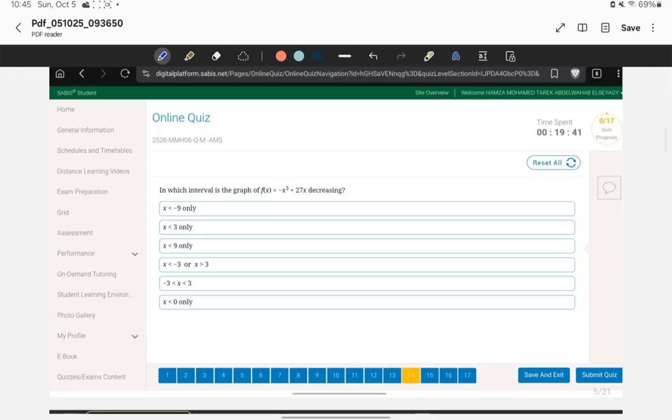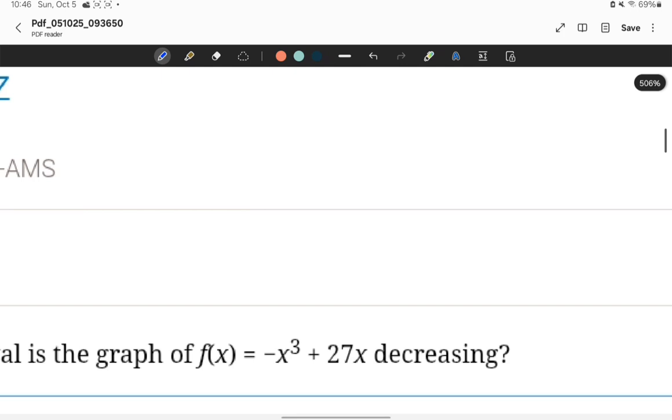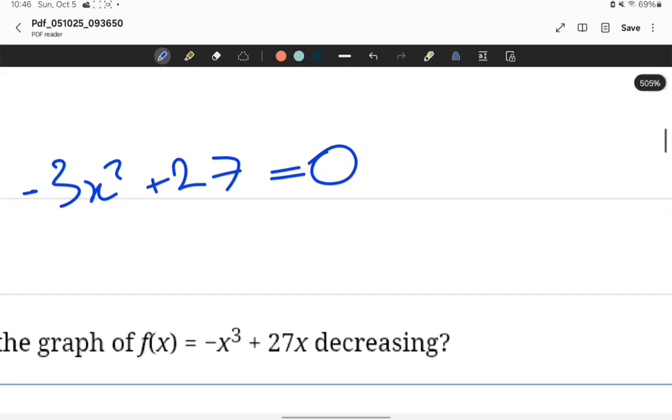Okay, number 14. For this question, they want the interval of the graph decreasing. So we're just going to derive first. It's going to be minus 3x squared plus 27. I'm going to equate this to 0 and we're going to start solving for it.